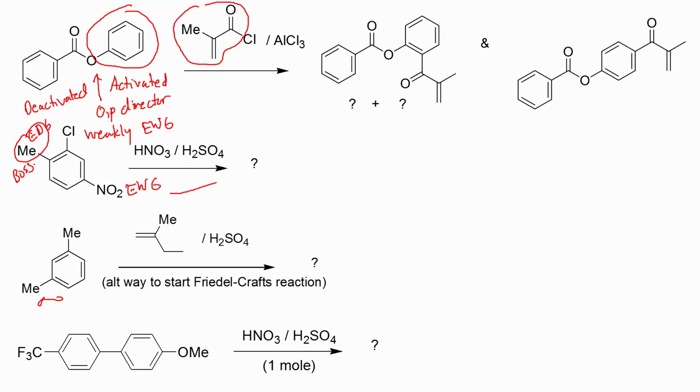We're going to want to add ortho or para to this methyl. There's ortho, para, we're not going to add there because something's already there. And this other ortho position, we're not going to add there either because the chlorine's already there. So this reagent here, nitric acid, sulfuric acid, puts a nitro group in. And the nitro, of course, is going to go ortho to the methyl group. That's the only place it can go.